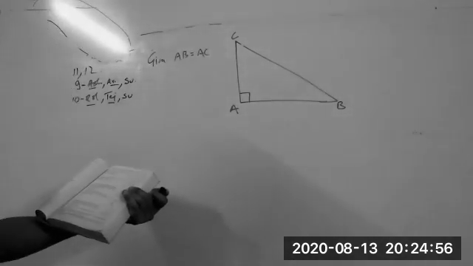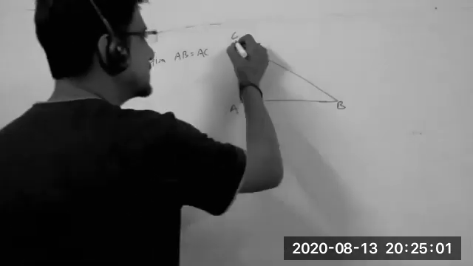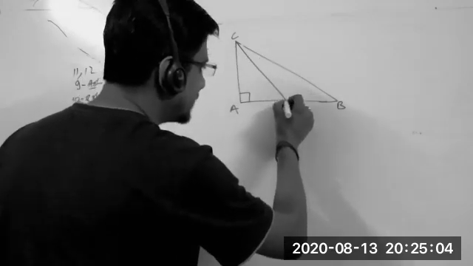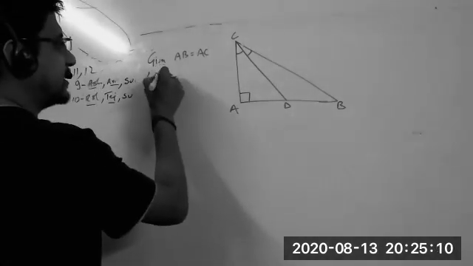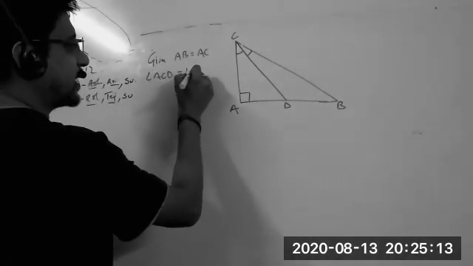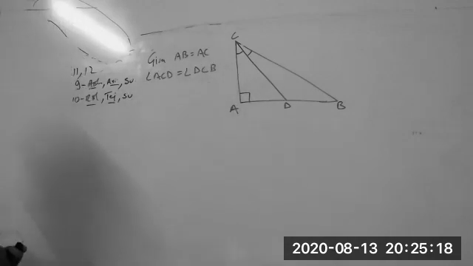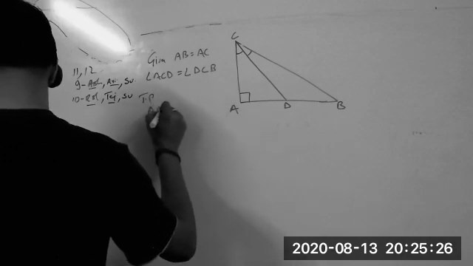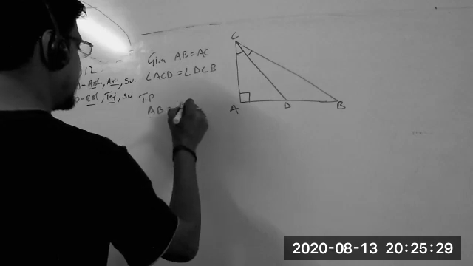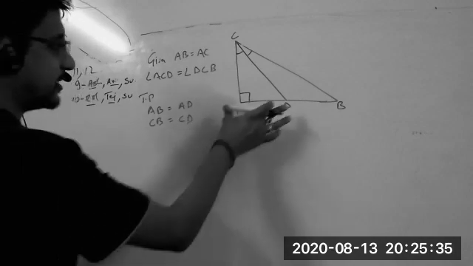And the bisector of angle C intersects the side AB at D. So this angle is equal to this angle. Angle ACD equals angle DCB, given. Prove that AB is equal to AD and CB equals CD. So this is the question.